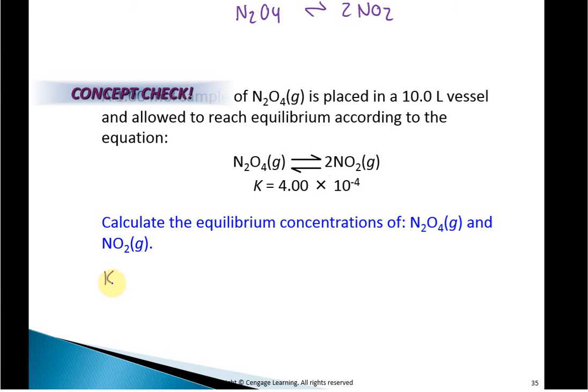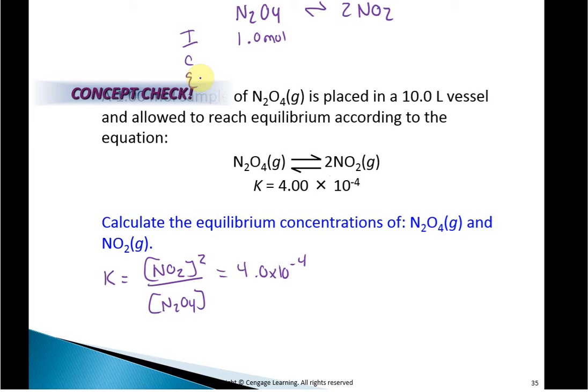Here, we know that K is equal to the NO2 concentration squared over N2O4. And that's equal to 4.0 times 10 to the minus 4. Now, we have a 1 mole initial amount of this added.